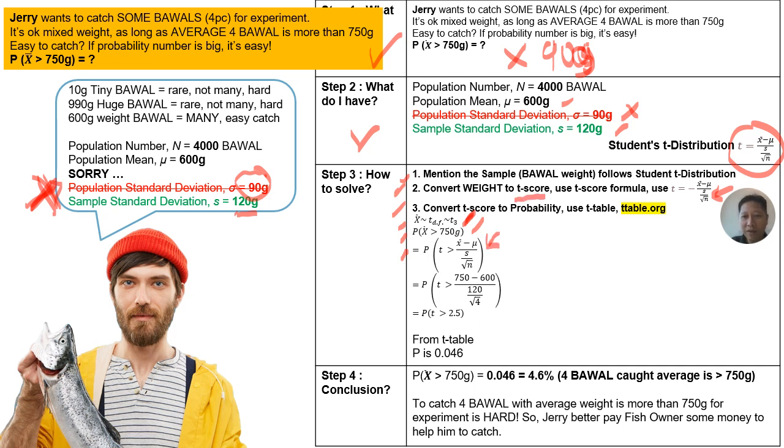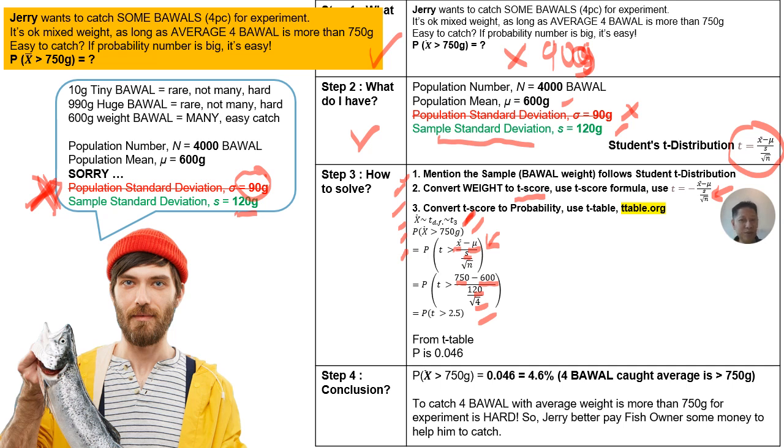The x bar is what we want, 780 grams. The mu is the average population, 750 grams. The S is the sample standard deviation, 180 grams, and divide by square root of n. This is how many fishes we intend to find the average of. So we have t greater than 2.5.